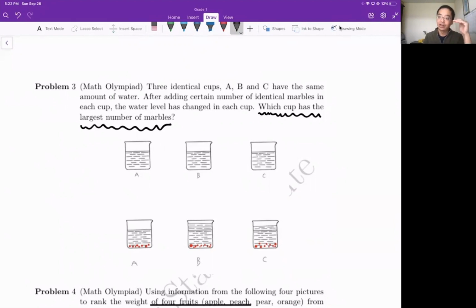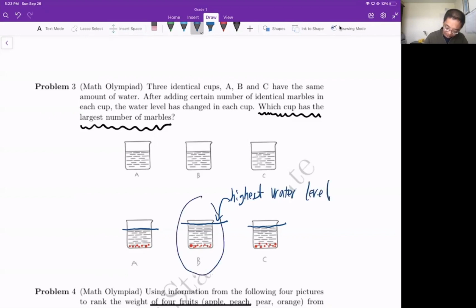All we need to do is compare water levels to see which is the highest. Obviously, this one has the highest water level, which means this one has the largest number of marbles.